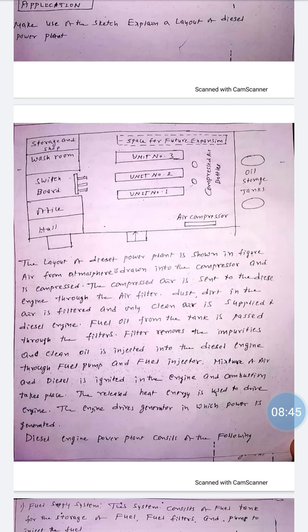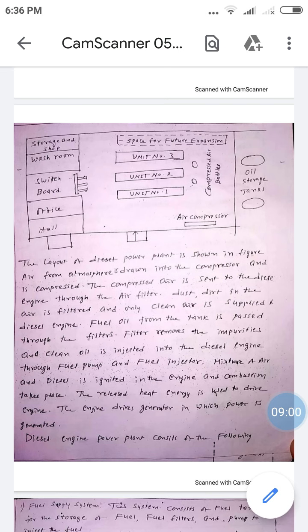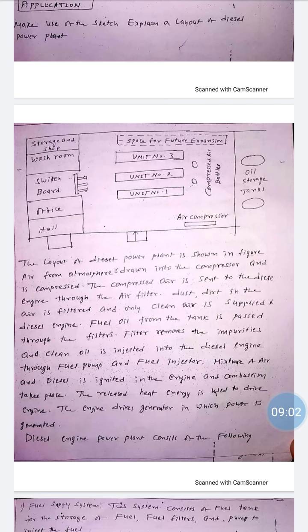Air from the atmosphere is drawn into the compressor and is compressed. The compressed air is sent to the diesel engine through the air filter. Dirt in the air is filtered and only clean air is supplied to the diesel engine. Fuel oil from the tank is passed through the filters.